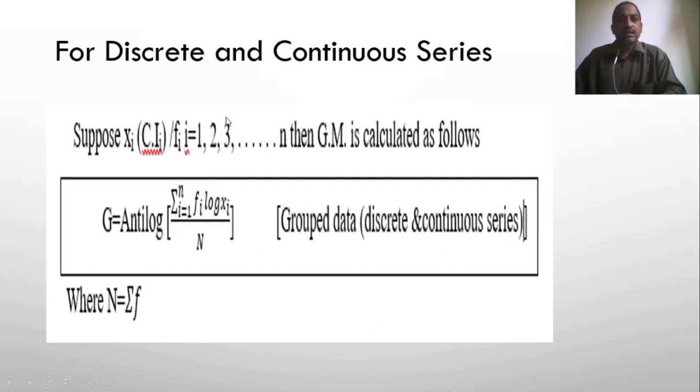For discrete and continuous series, we know that the classes or the individual observations are given along with the frequencies. In such cases, how can we calculate the geometric mean?